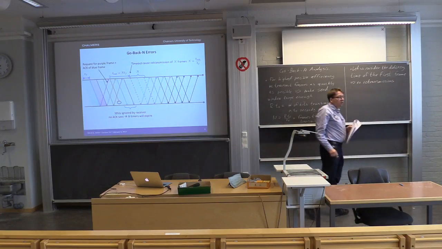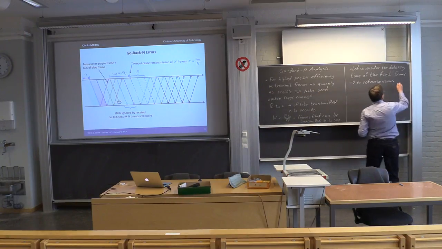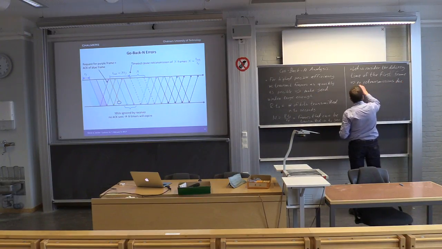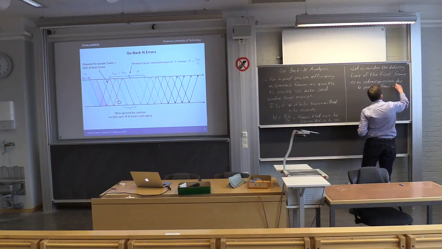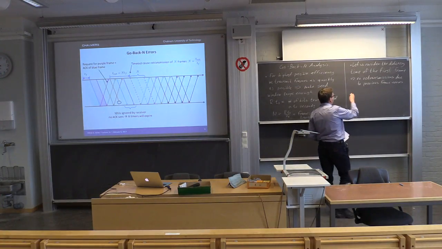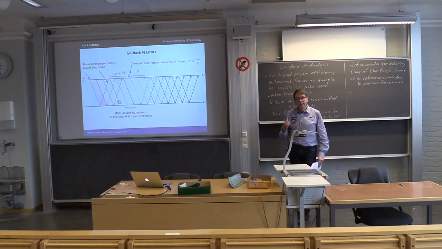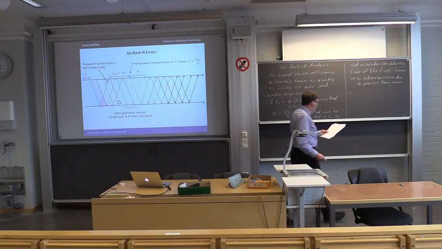So there will be no retransmissions due to previous frame errors. Just as in stop and wait, we introduced this variable Nt, which is the number of transmissions it takes to deliver the first frame. And that is a random variable because it depends on whether there are errors on the channel or not.